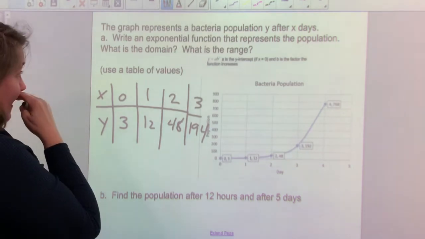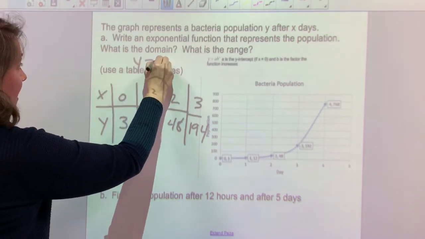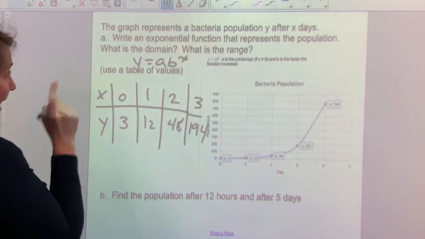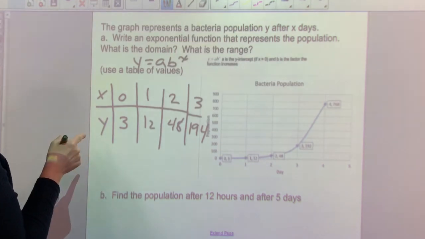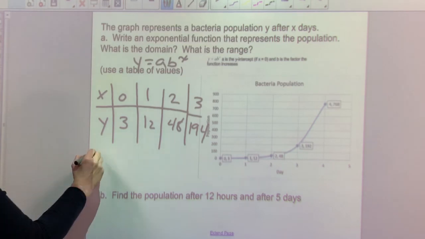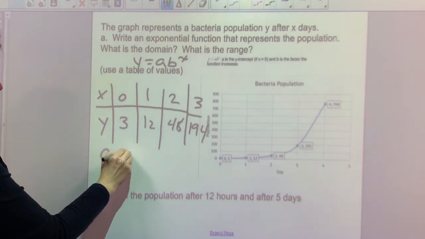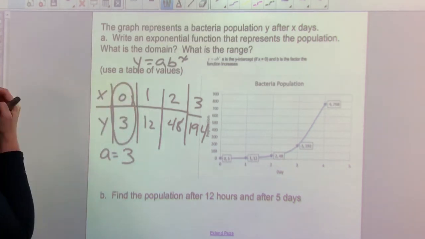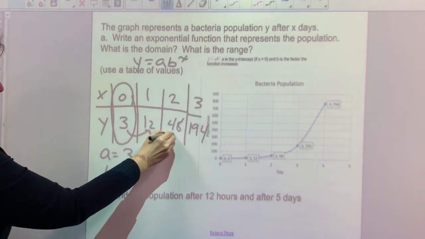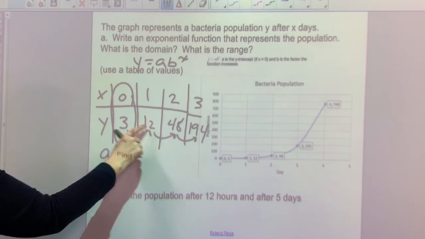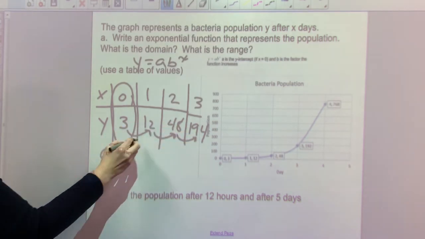Because we need to find, remember we're doing y equals a, b to the x power. a is your y-intercept. Y-intercept is your y value when x is 0. So a equals 3, because we know that right there. Your b is what this is increasing by. So what's happening each time we go from your x, it's times 4.